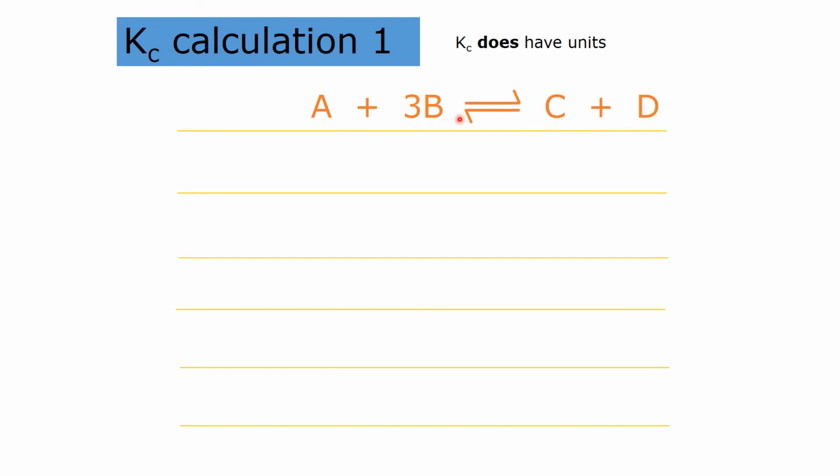Wherever you have a non-equivalent number of moles on either side of the equation, then Kc will have units. It will only not have units where the total number of moles adds up on both sides. So if this was 2 moles on the left and 2 moles on the right, then Kc would not have units, but it will in this instance.